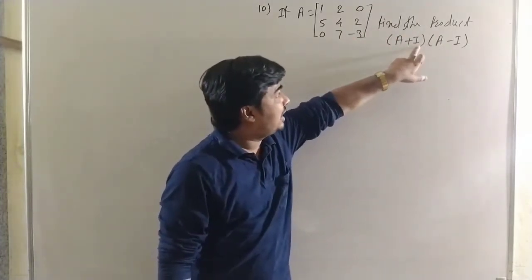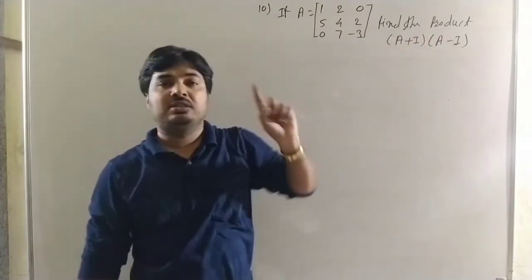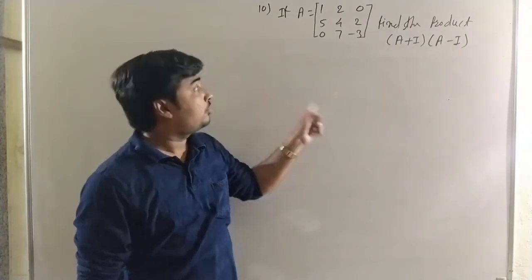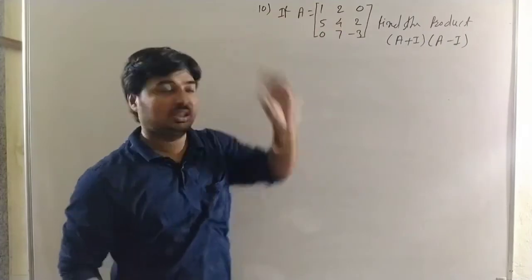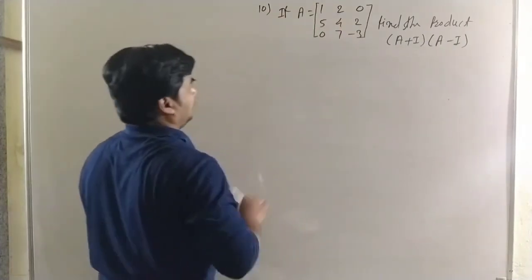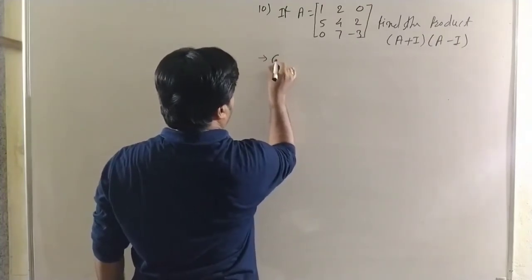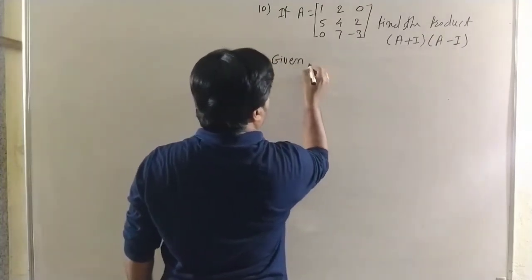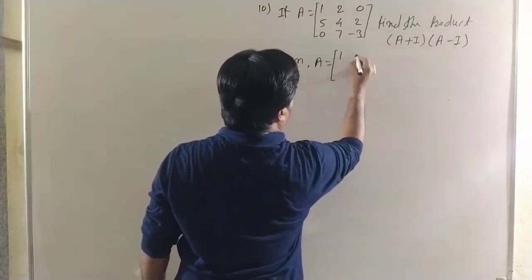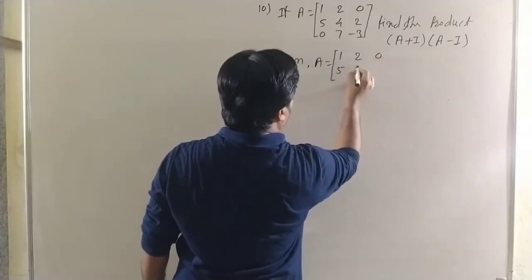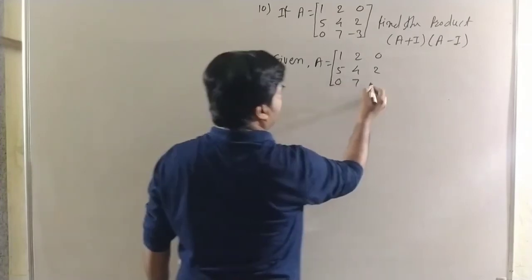That means the identity matrix is of the same order as A, order 3. Now here given A is [1, 2, 0; 5, 4, 2; 0, 7, minus 3].